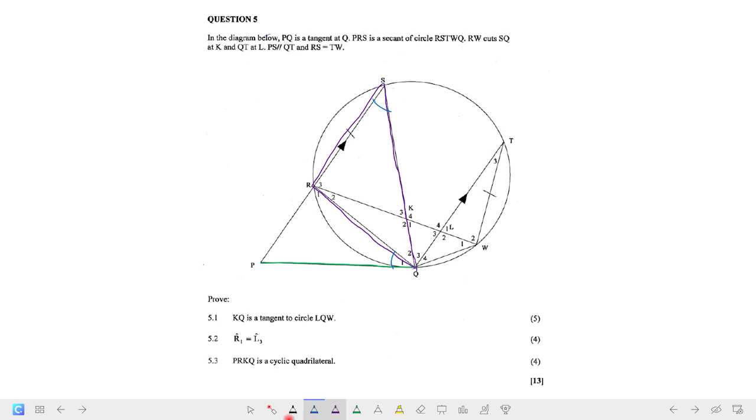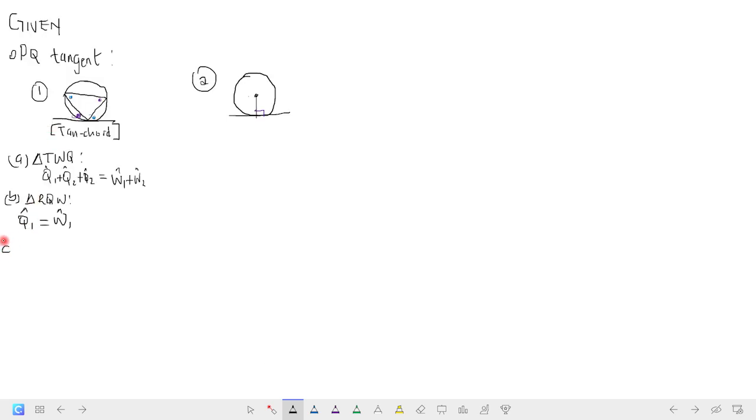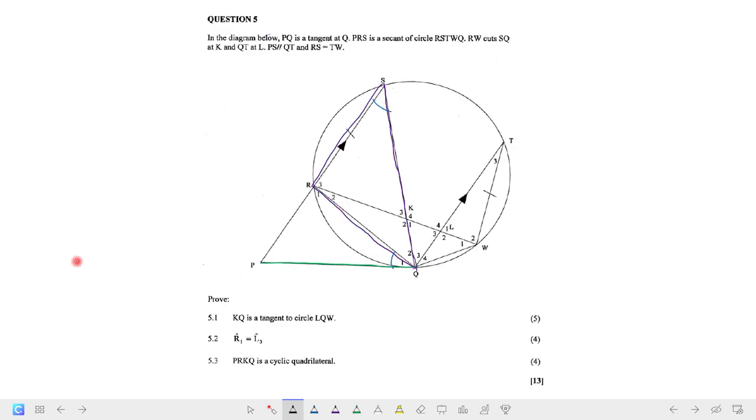Now do you see how easy it is, right? The angles are just popping up. So SRQ, the third one, is triangle SRQ.